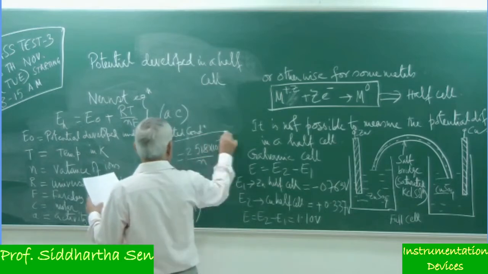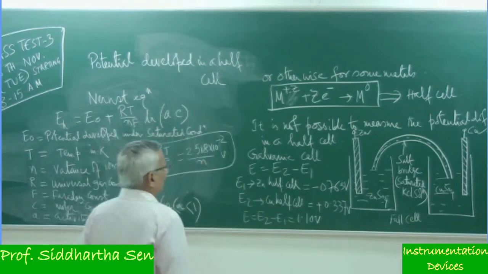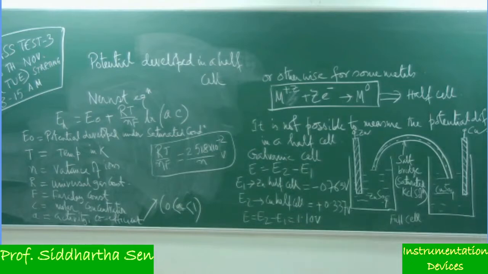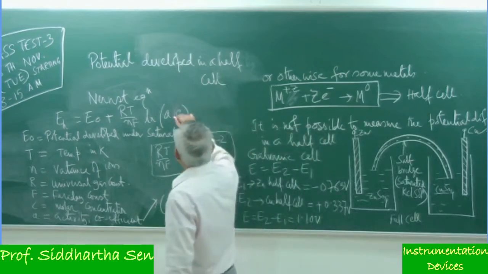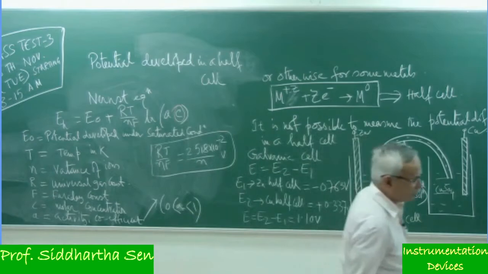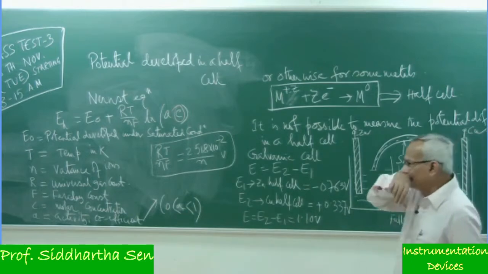So what we can say is that definitely if it is a diluted solution, the half cell voltage is a function of the concentration of the solution.